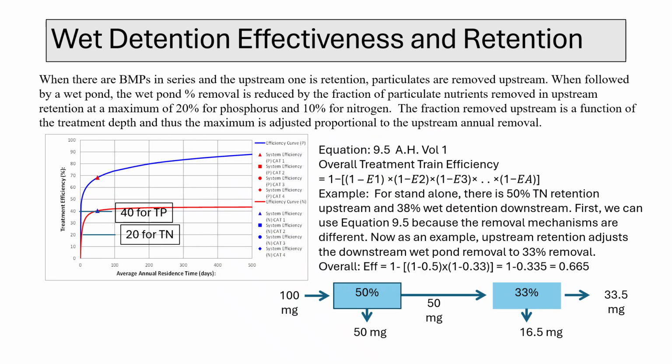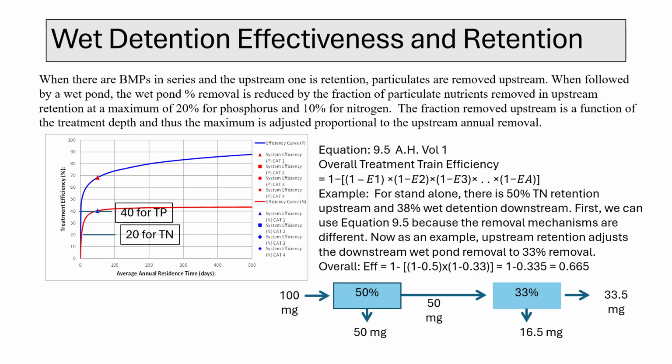When we have best management practices, or BMPs, arranged in a series, particularly when an upstream BMP provides retention, it significantly impacts the effectiveness of downstream practices. For instance, if particulates are removed upstream, a subsequent wet pond will see its percentage removal efficiency reduced. This reduction applies to particulate nutrients, with a maximum adjustment of 20% for phosphorus and 10% for nitrogen.